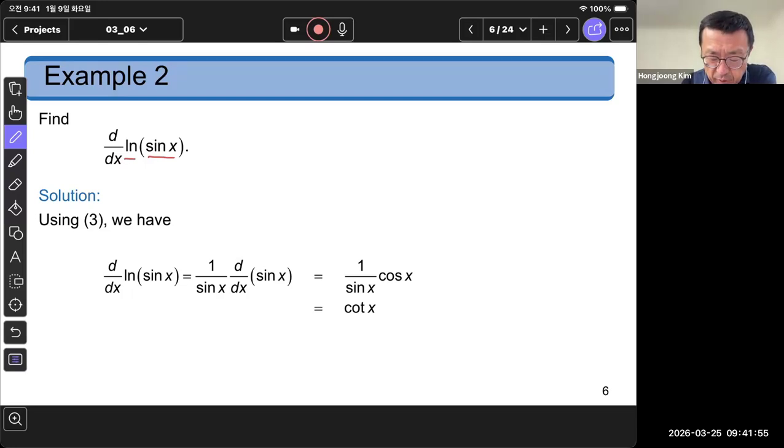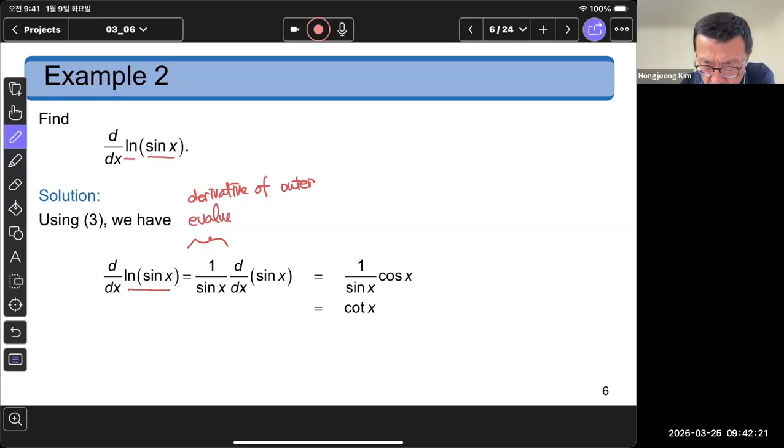So if you differentiate this composite, you need the derivative of the outer function evaluated at the inner function, and then you multiply by the derivative of the inner function.